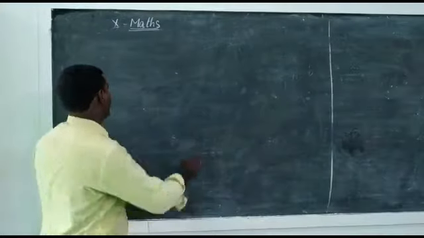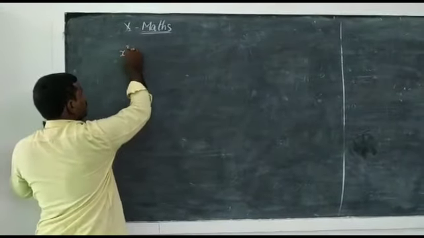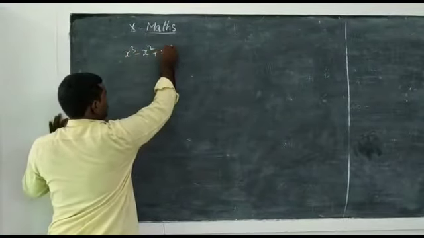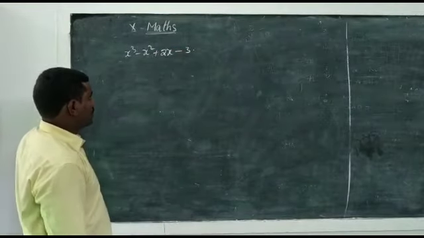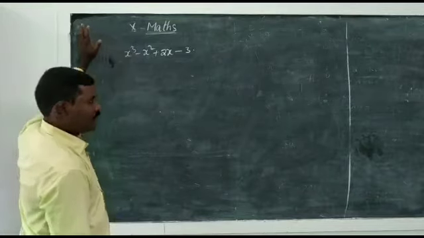Now I am taking a polynomial x cube minus x square plus 2x minus 3. It is a polynomial of degree 3.